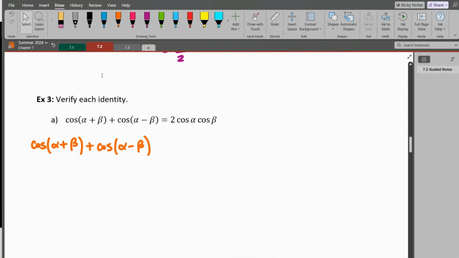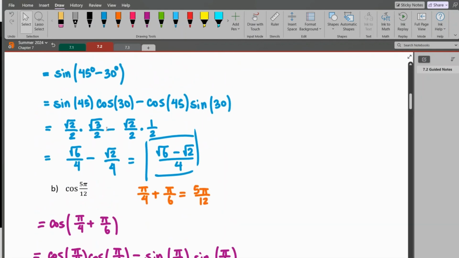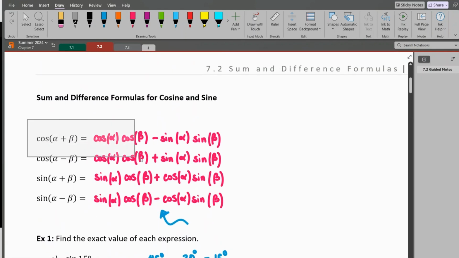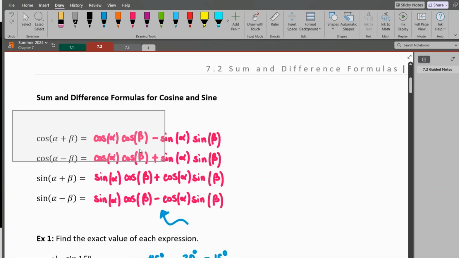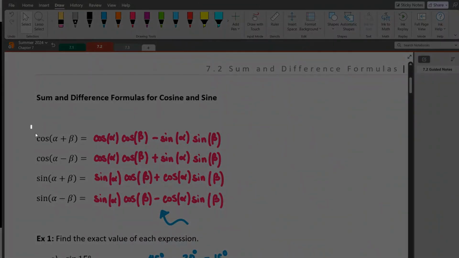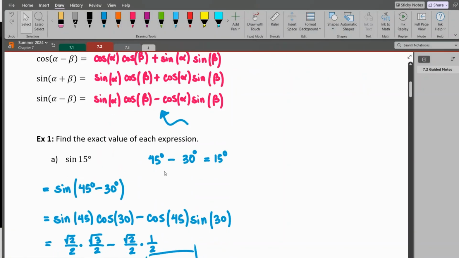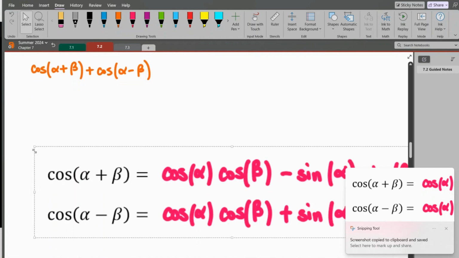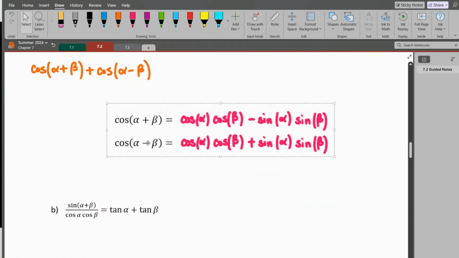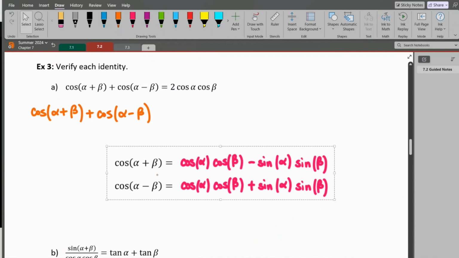Okay. And if we went up to look at the formula for cosine of alpha plus beta, it's this one. Why don't I just copy both of these, because we're going to wind up using both of them. There we go.